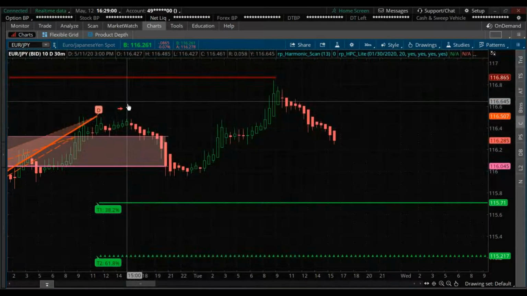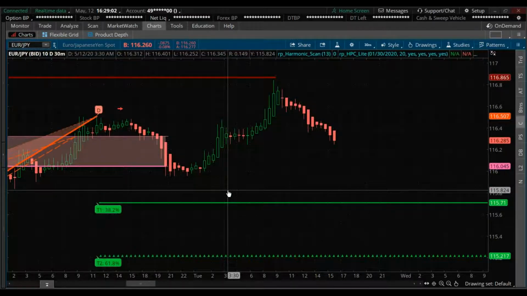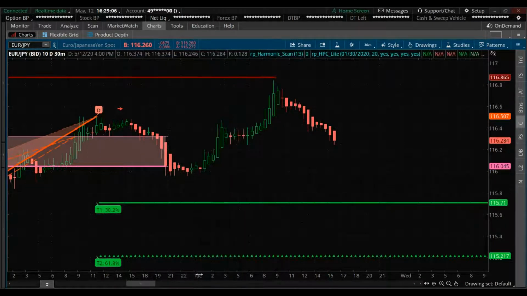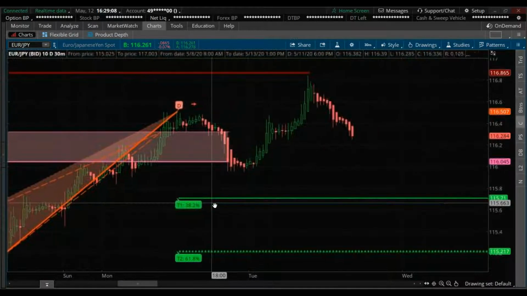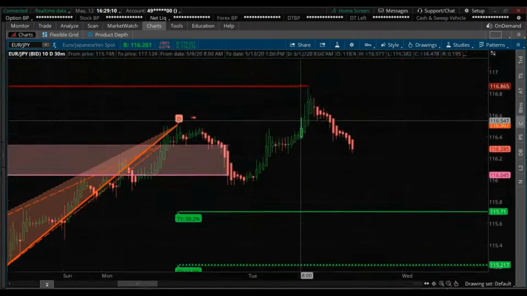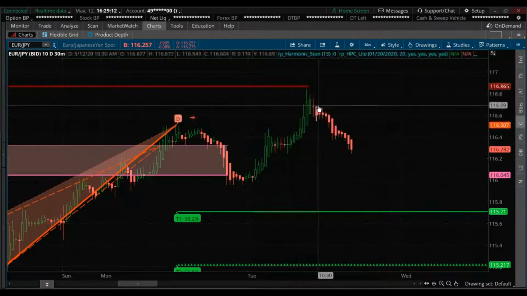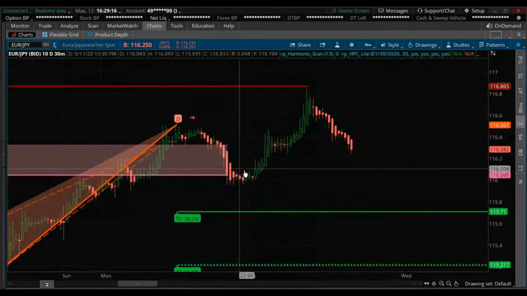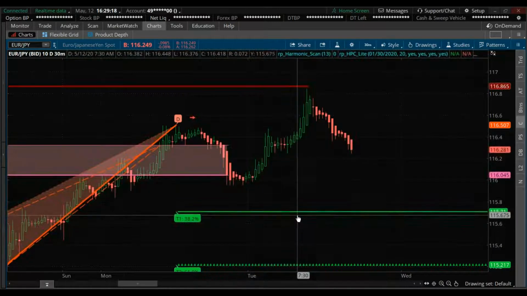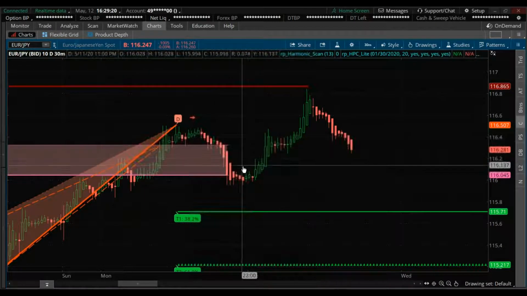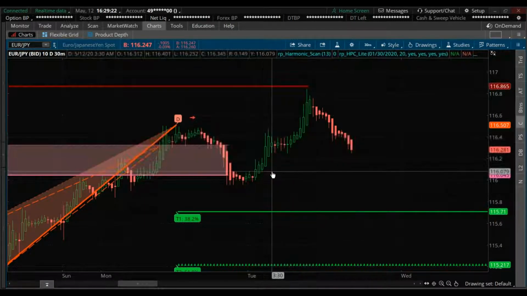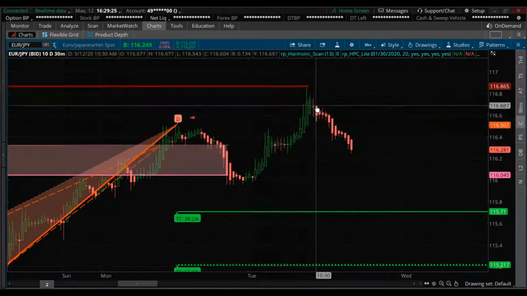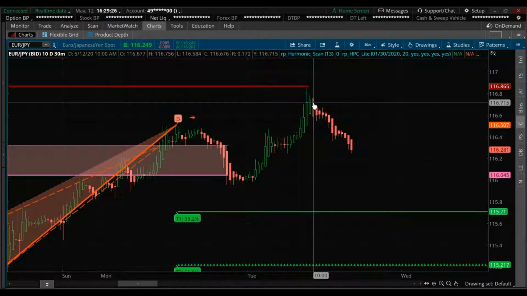What happens here is you have a reaction but no follow through. That's something that requires a little trade management. You're a trader, you're in front of your screen, you see those kinds of signs. If you don't get that follow through, especially if we can't fall out of the zone down to target 1 and break the trend line down, then we're going to scalp that, knowing that we will usually have a secondary entry.